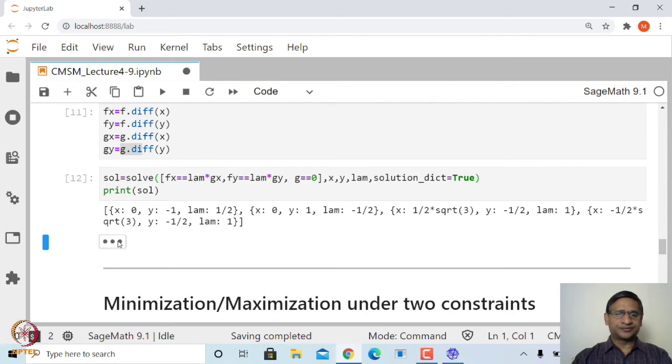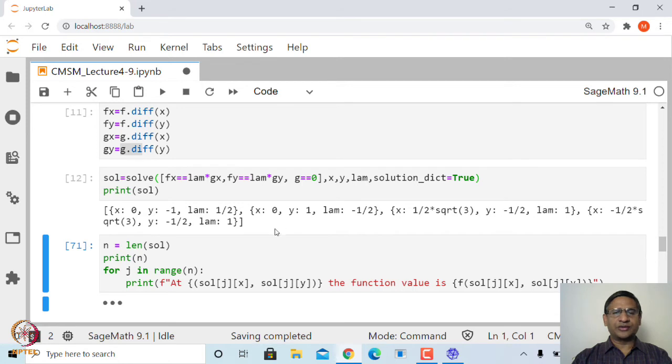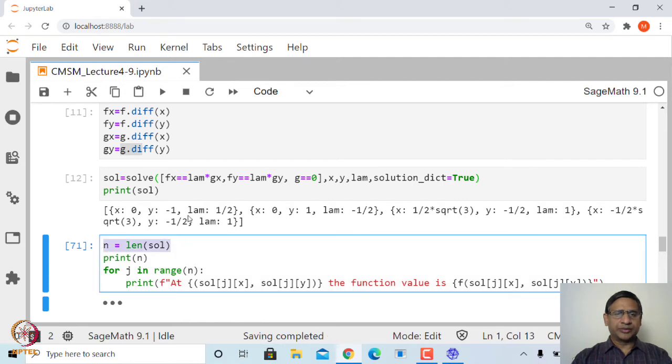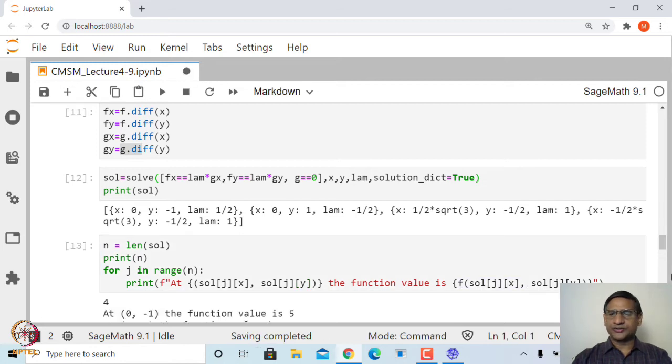Okay. So, now let us evaluate the function value at these points. First of all, let me declare that n is the number of solutions, and then run a loop on each of these solutions. So, for j in range 4 in this case, take the x value and y value of the solution, and then find the value of the function at this point, and let us print all of these things.